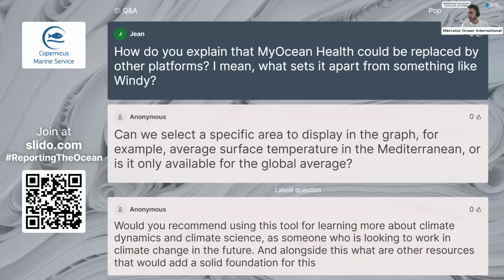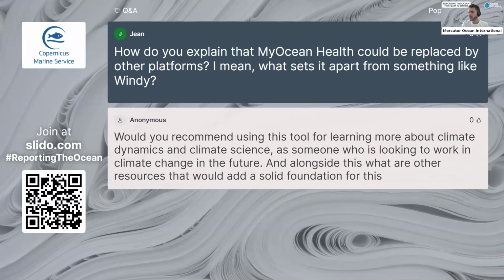How do you explain that My Ocean Health could be replaced by other platforms? What sets it apart from something like Windy? Well, My Ocean Health really provides this global view of the state of what is happening, for example, in terms of sea surface temperature right now, and what has been happening since 1993.